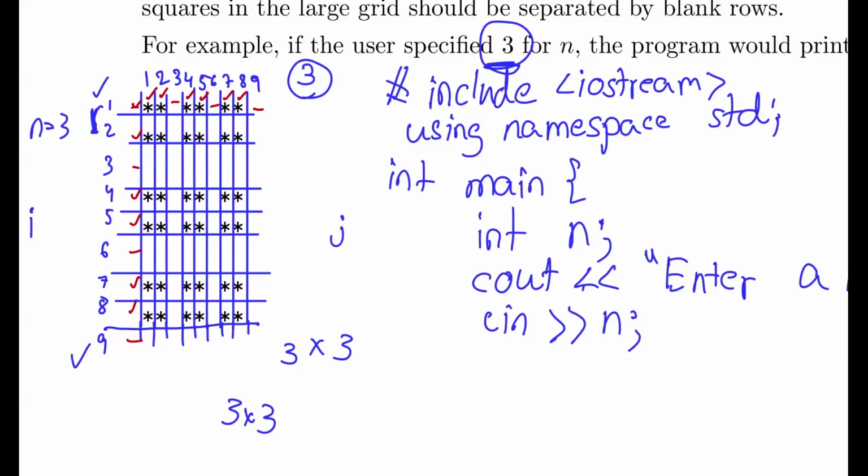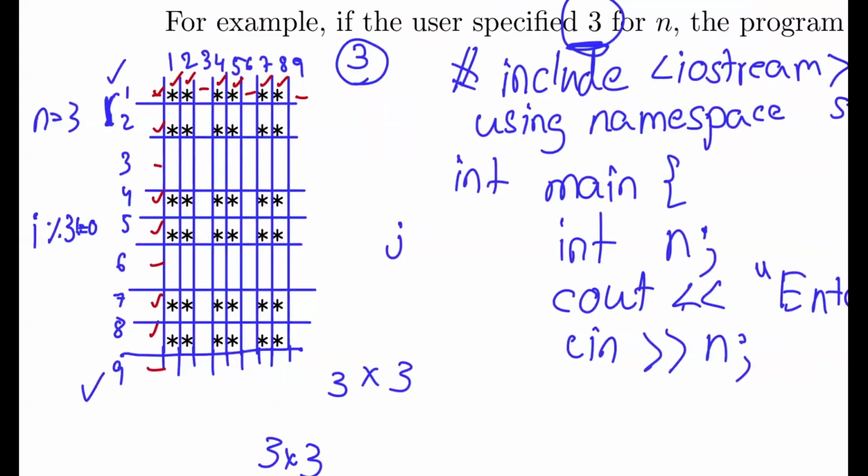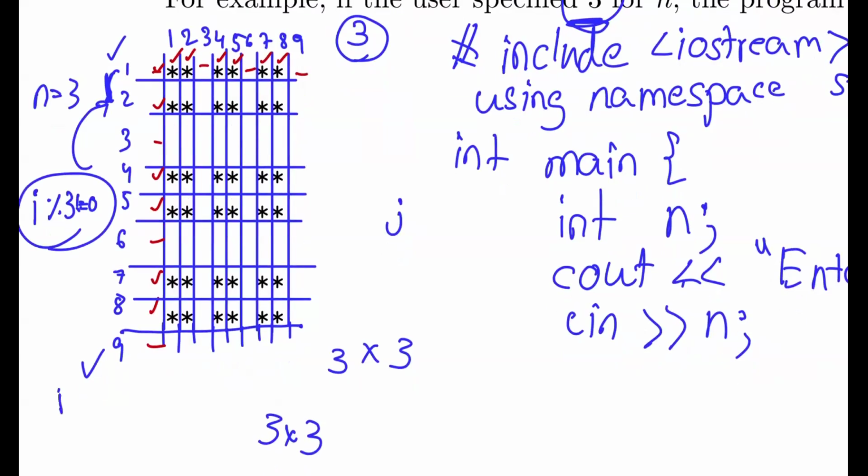Now, if they are not divisible by 3, meaning when you mod by 3 you will not get 0, then you need to print the star. Otherwise, if the index mod 3 is 0, you need to print the space.